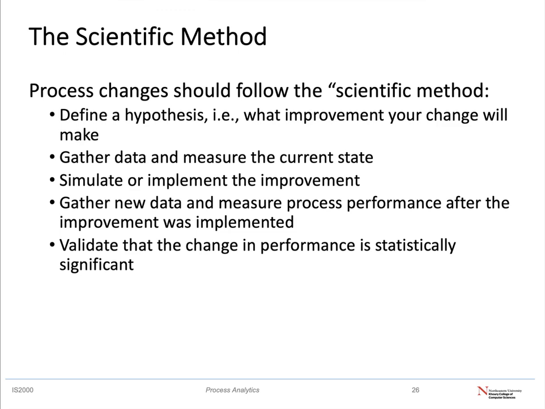Now, as you make changes to your process, you should follow the scientific method. That means you should identify what changes you believe ought to be made and what you believe are the consequences or the improvements. Now, you've got to gather data and measure what your current state is.